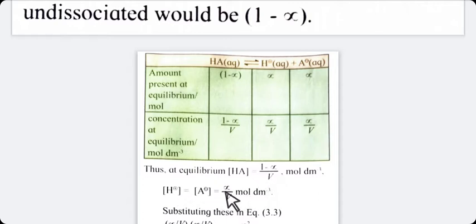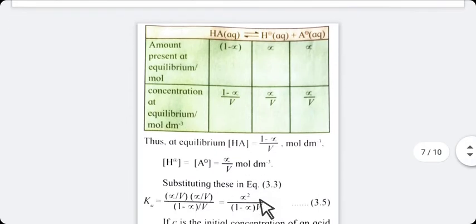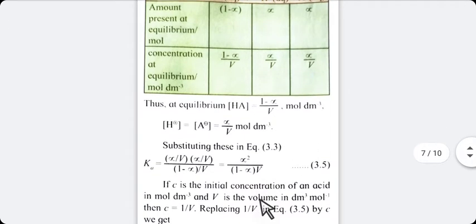The concentration of H plus is alpha upon V mole per decimeter cube. The concentration of A minus is alpha upon V mole per decimeter cube. When we put all these values in equation 3.3, meaning Ka.